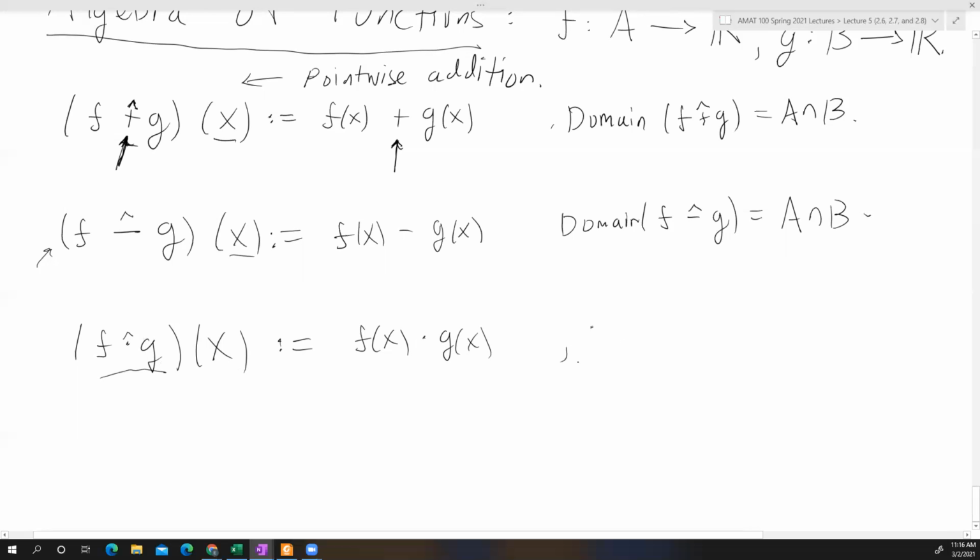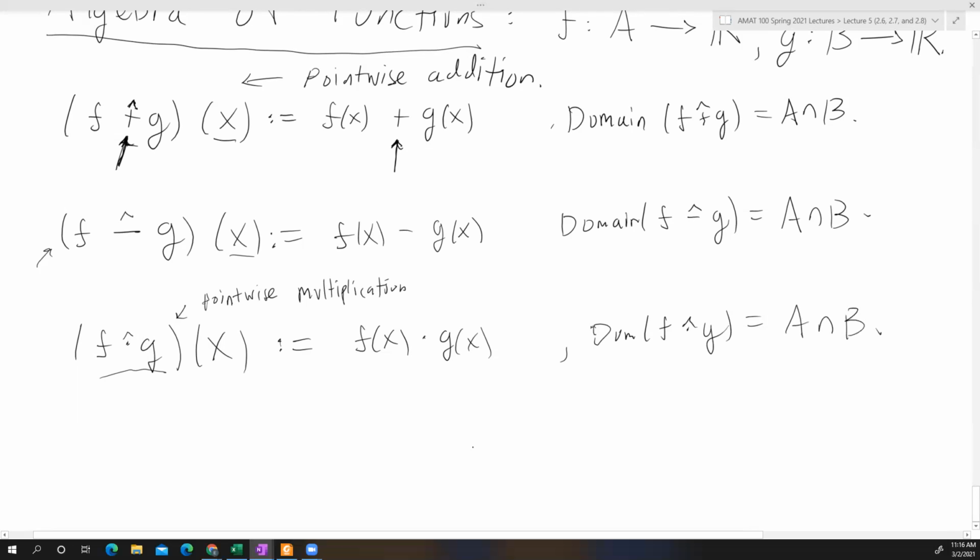So again, the previous one was pointwise subtraction, and this one is pointwise multiplication. I'm specifying how you multiply two functions at each point in the domain. And again, the domain of f dot hat g is equal to the intersection of A and B.